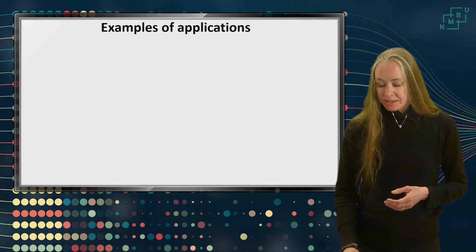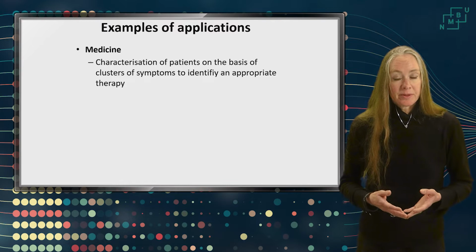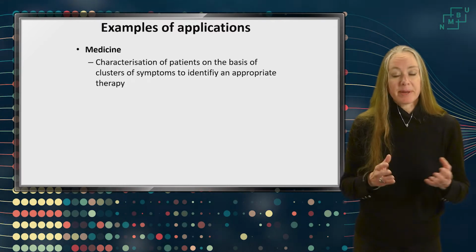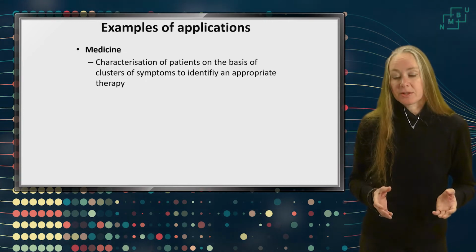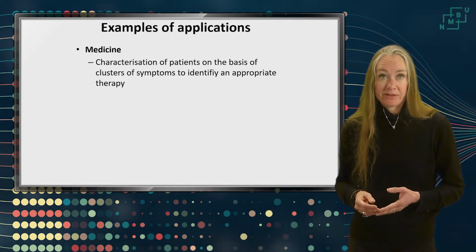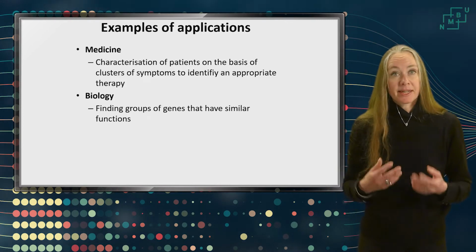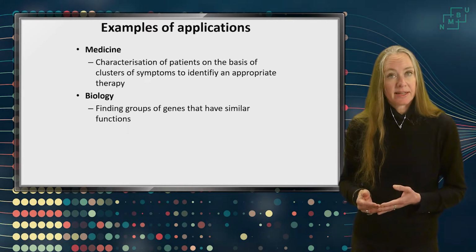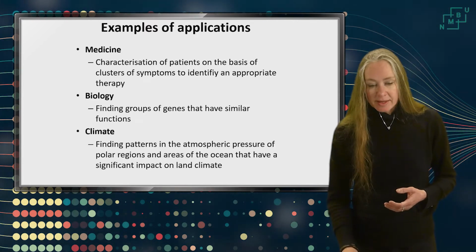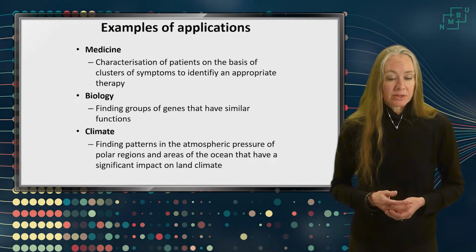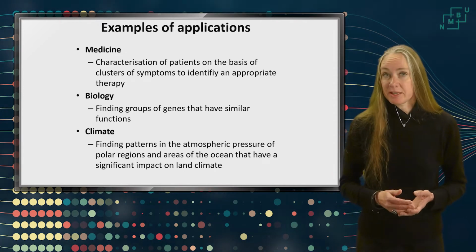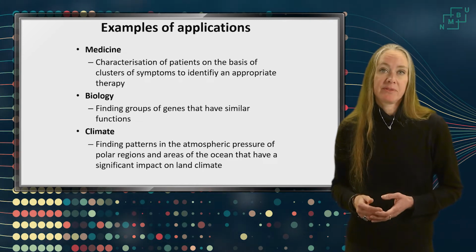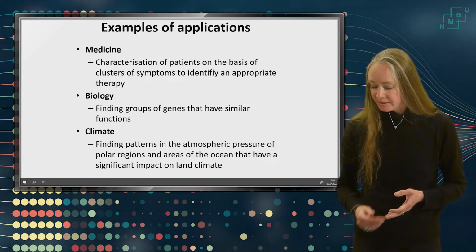Examples of applications are in medicine, where we can use clustering for characterization of patients on the basis of clusters of symptoms in order to identify an appropriate therapy. It can also be used in biology, for example, for finding groups of genes that have similar functions. And clustering has been used in climate research for finding patterns in the atmospheric pressure of polar regions and areas of the ocean that have a significant impact on land climate.